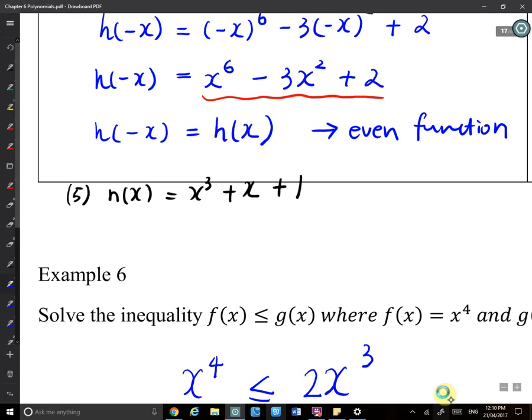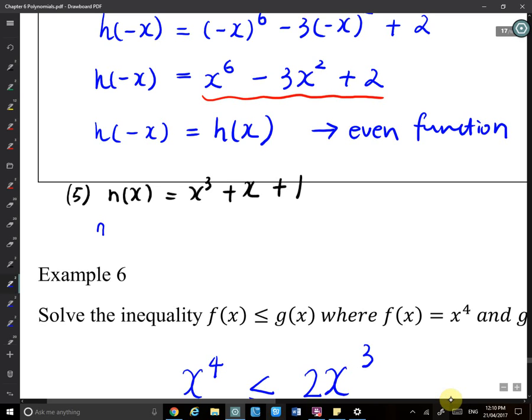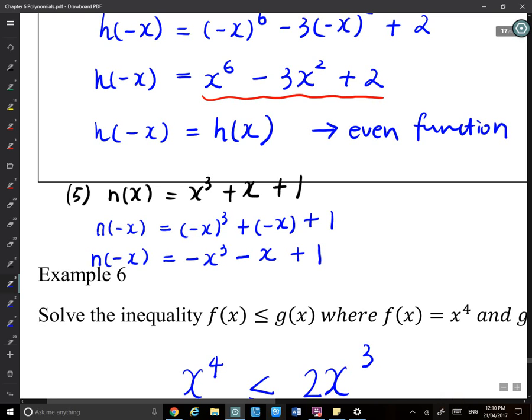What's n(-x)? That's negative x to the power of 3 plus negative x plus 1. And n(-x) equals negative x to the power of 3 minus x, but it's still plus 1. Okay, you still have the plus 1.